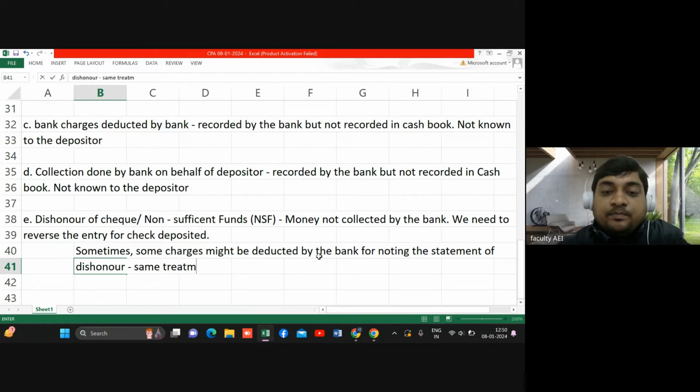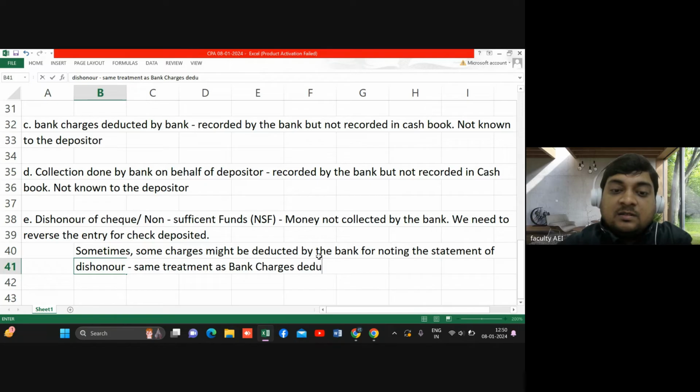Same treatment as bank charges deducted by bank.